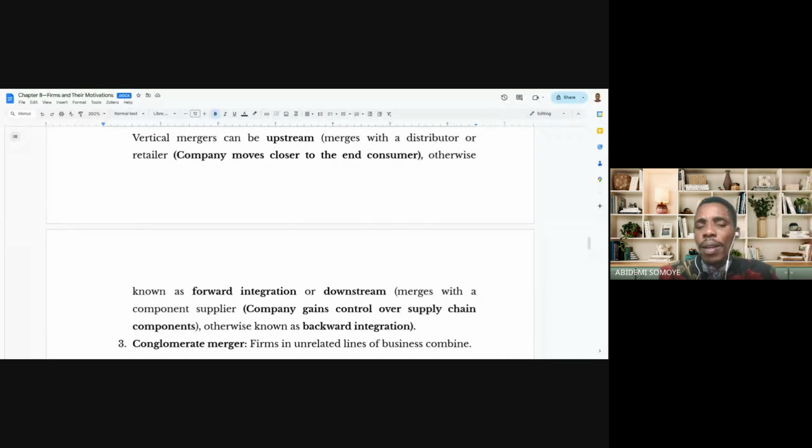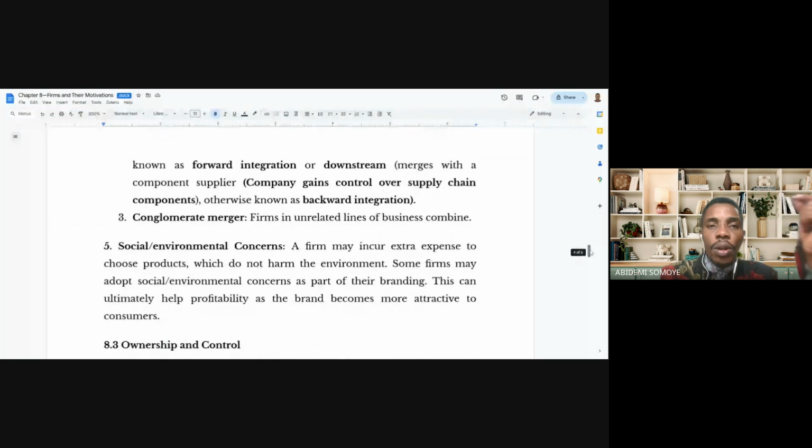They want to have access to materials, all the tools that they need, to be able to achieve the organizational objectives or goals. So the downstream is also known as backward integration. The upstream is also known as forward integration. Number three, conglomerate merger. For a conglomerate merger, firms in unrelated lines of business are combined.